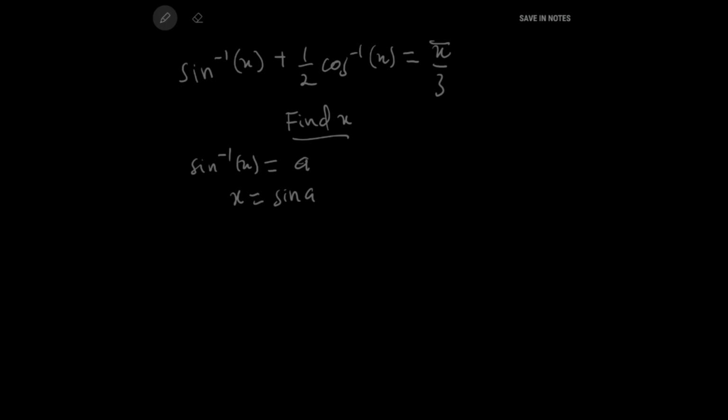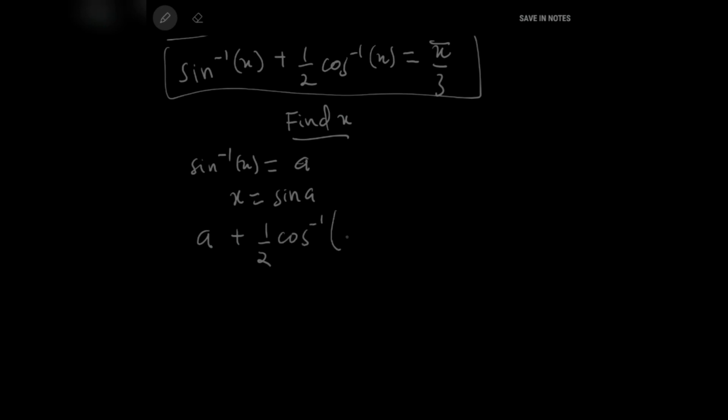So we can write this whole equation again as a plus half multiplying cos inverse of sine a, and it's equal to pi on 3.